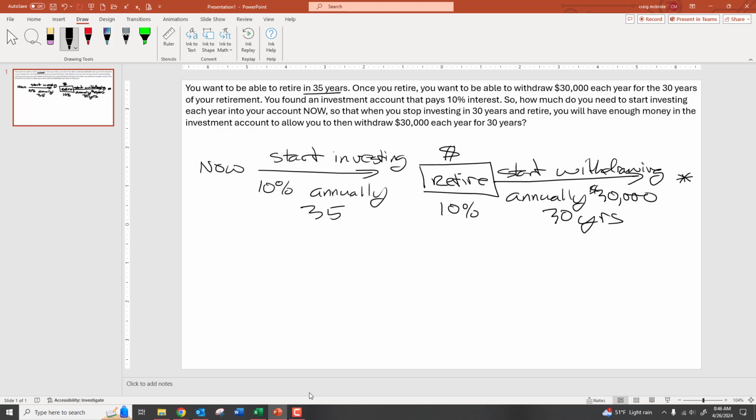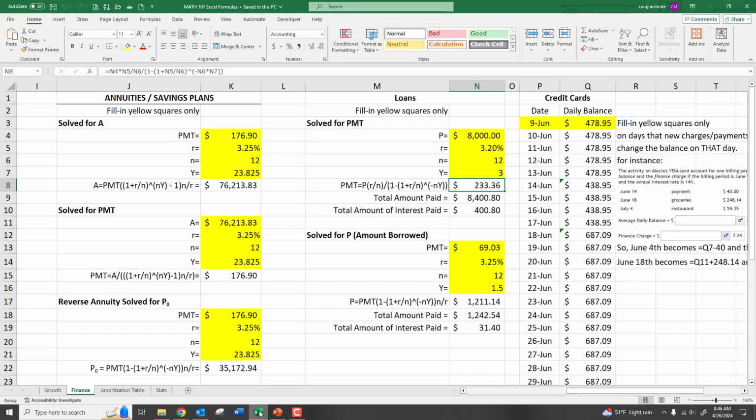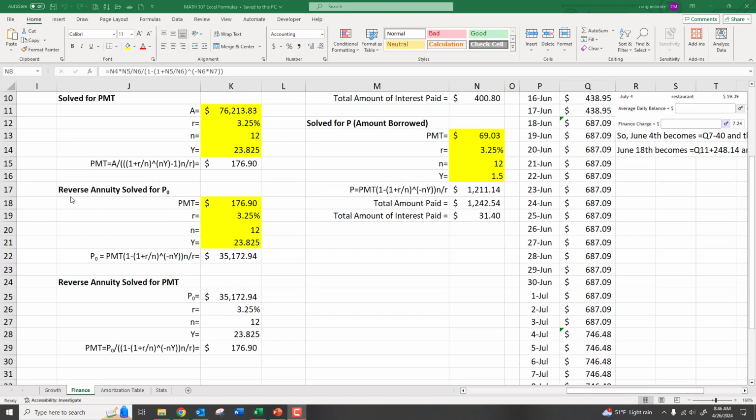So that's where we go to our Excel formulas and we look for the one that does the reverse annuities. So here's our reverse annuity, solve for P0. Aha, it's solve for the thing I'm trying to find. I'm trying to find the initial amount of money I need in order to do this scenario.